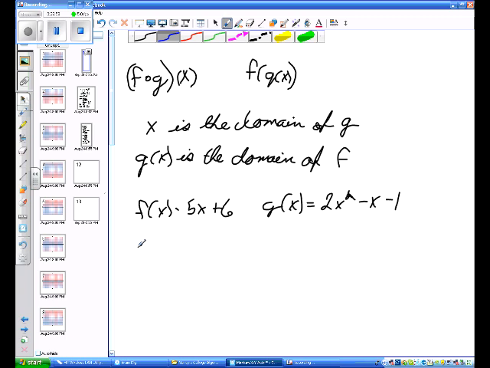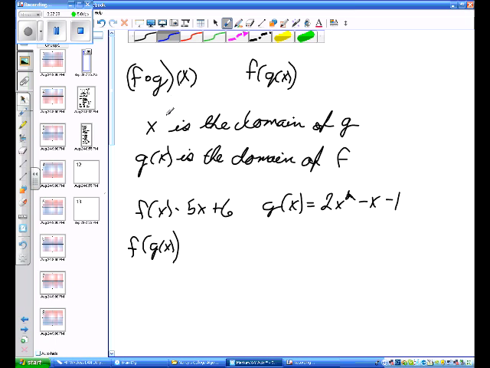So if we wanted f of g of x, and a lot of times I like to write it f of g of x. I like that way a little bit better than the f circle g of x.